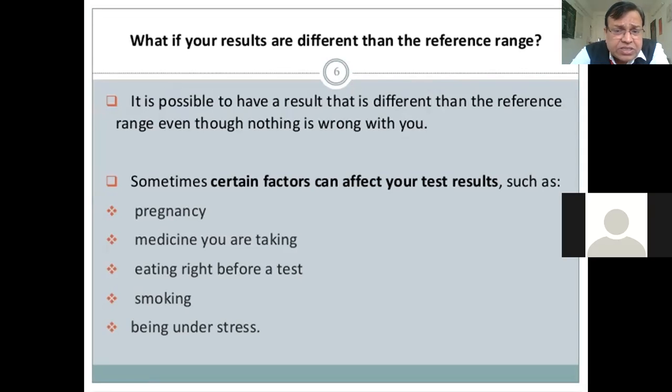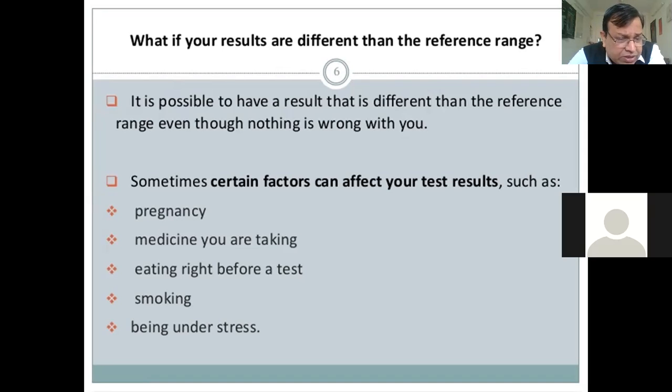Sometimes certain factors can affect your test results, such as pregnancy and the medicine you are taking. If you are taking any kind of medication, then fluctuation of results may be possible. Your food habits and eating right before the test also affect your results.